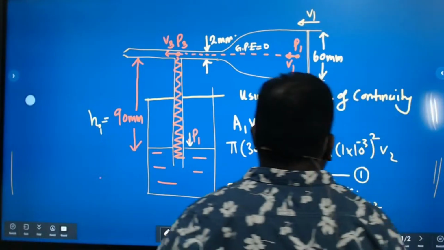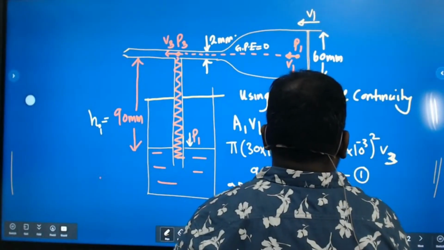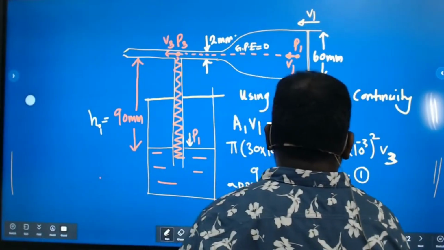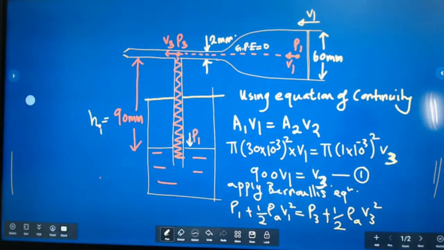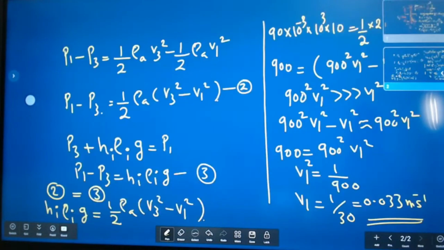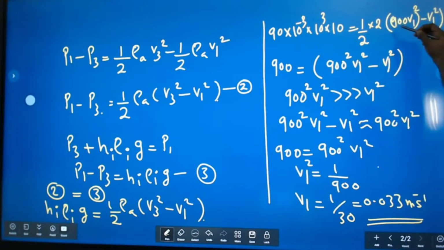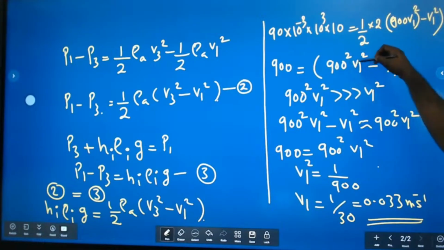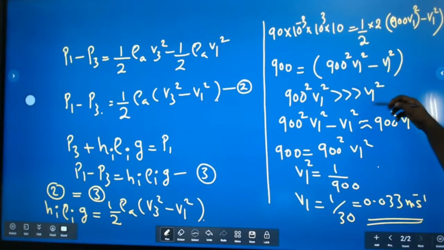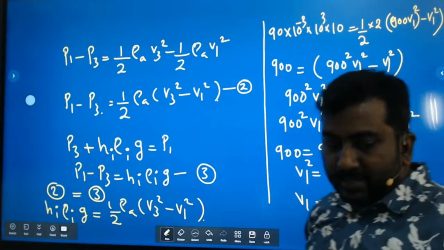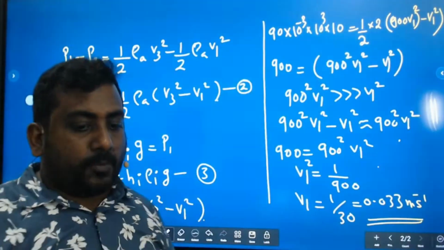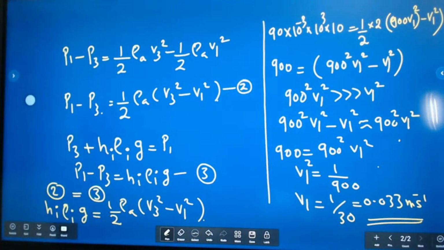Here actually it's V3, and V3 is 900 V1. Wherever there is V3, I can substitute 900 V1. 900 squared V1 squared minus 1 is negligible. So 0.033 meters per second. Clear? Part A done.